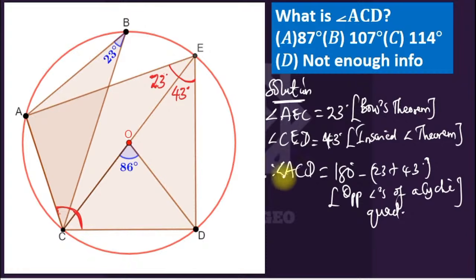So that's what we are looking for, angle ACD. So our answer is, this is 66. So this should be 114. Yes, because this is 66. 180 minus 66 is 114. So that's option C.